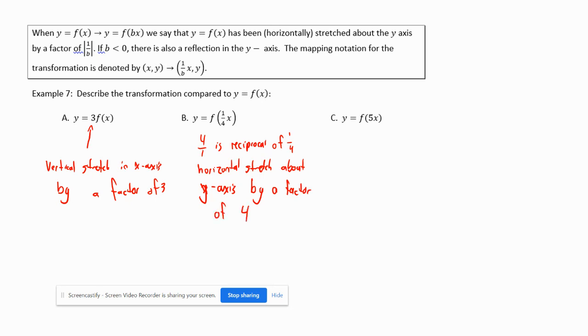Here's the thing: this over here, which we call the b value, is 1/4. The stretch factor is the reciprocal, which is 4. So that's what this means here.